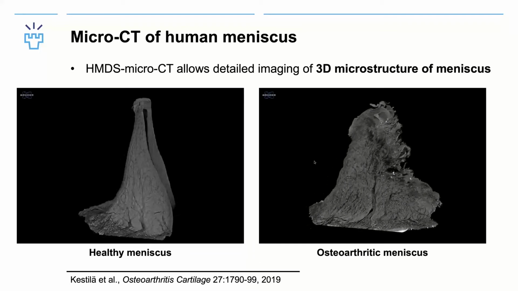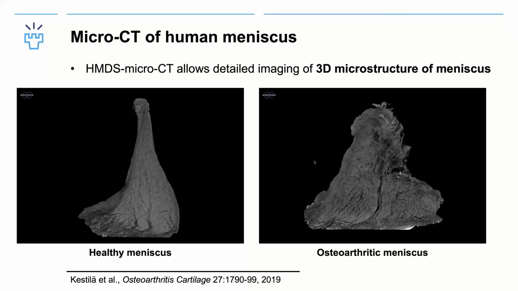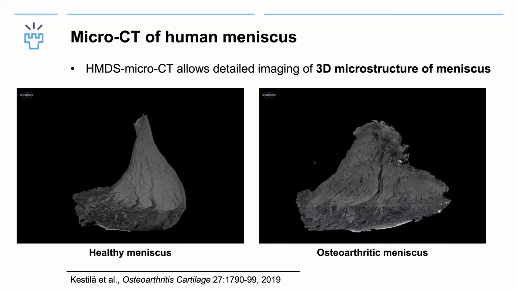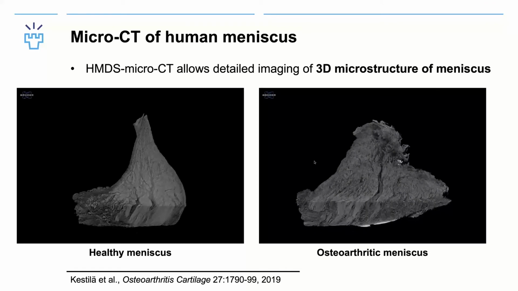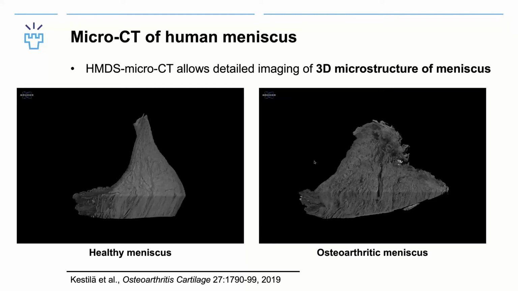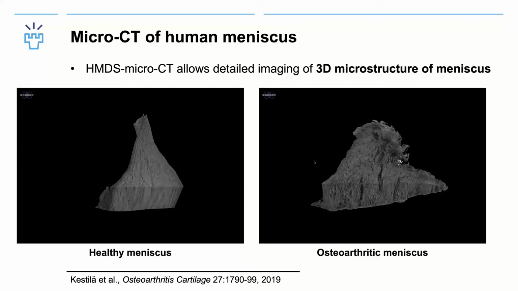Again, as a reminder, we can look at the structure in 3D. On the left, we have a healthy meniscus sample, and on the right we have the osteoarthritis meniscus sample. And as you can see, you can really nicely visualize what is happening in the tissue matrix in osteoarthritis.